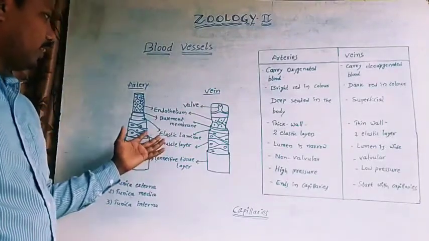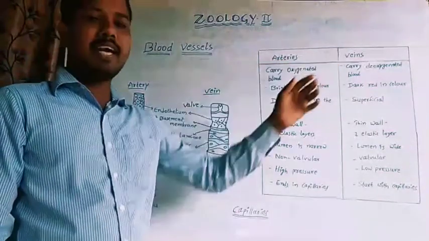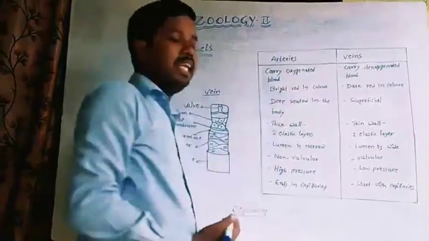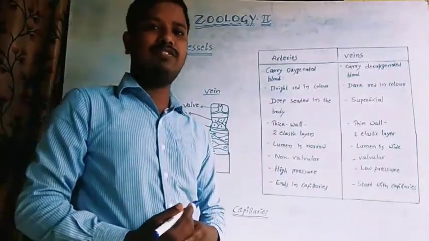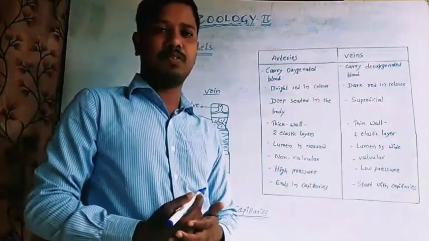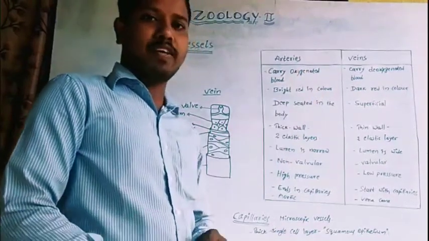So if we observe the difference between the arteries and veins, arteries carry oxygenated blood from the heart to various body parts and tissues, except pulmonary arteries.